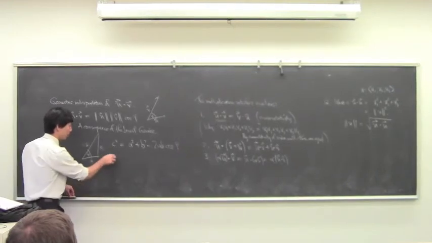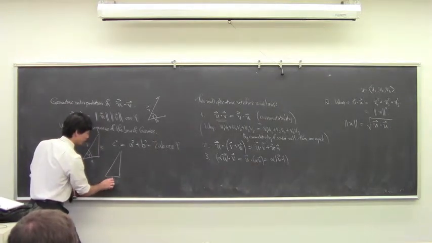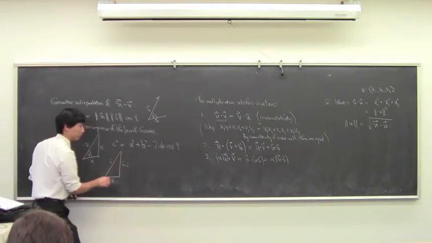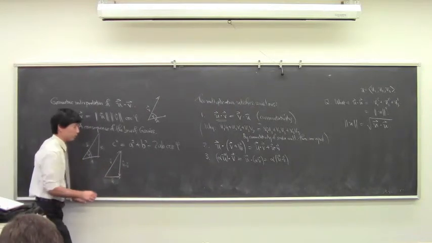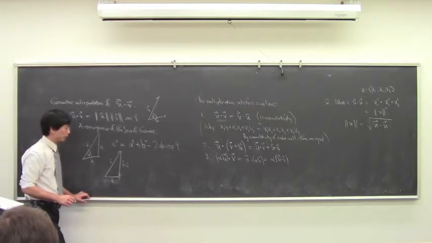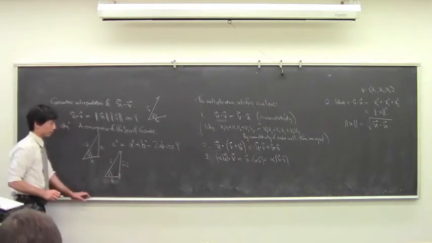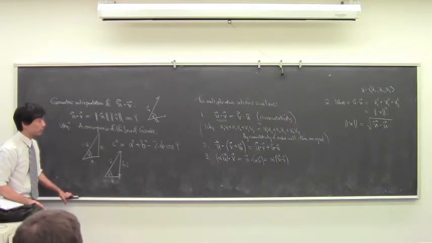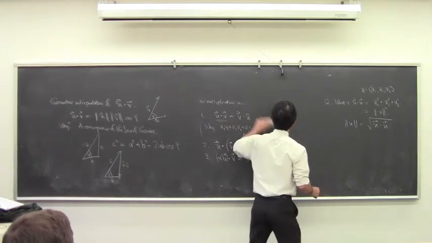And now let's think what that says if this is U, and this is B, and this is U minus B. Remember what we had at the beginning of class. We've got this triangle, and here's the angle. So let's think about what the law of cosines says about our vectors.